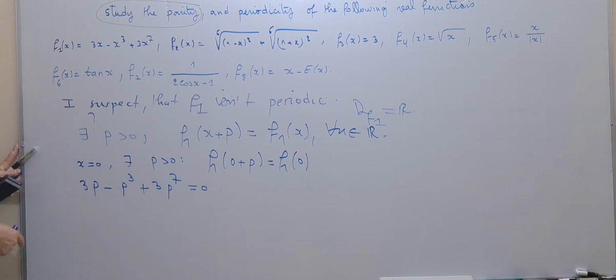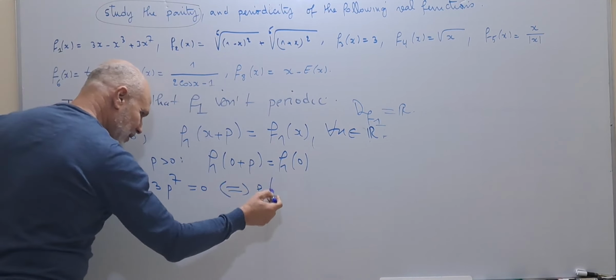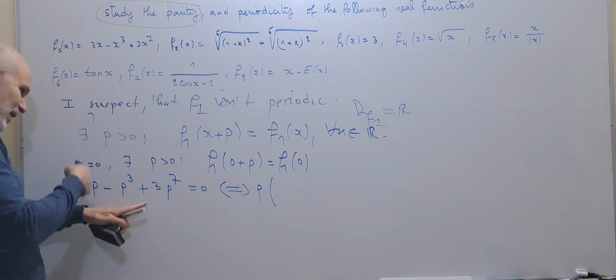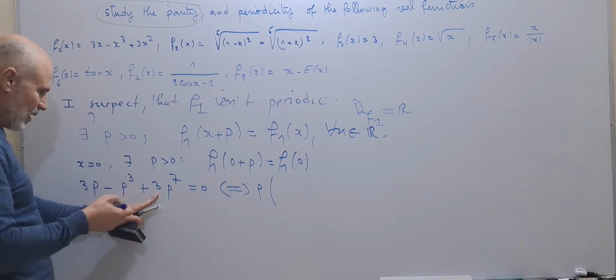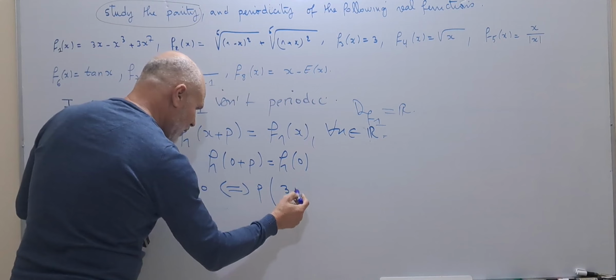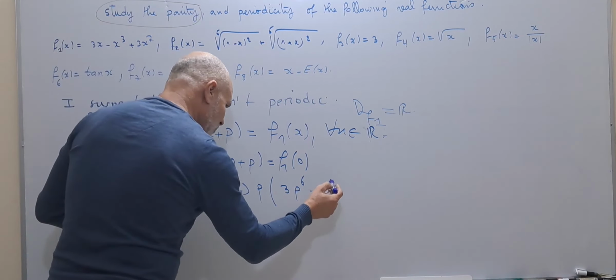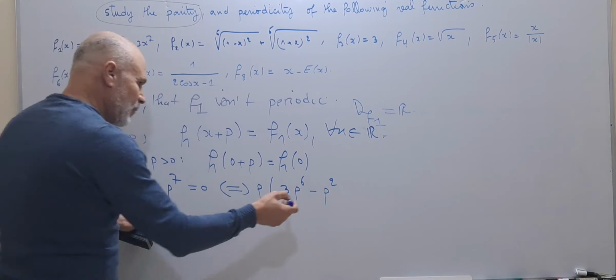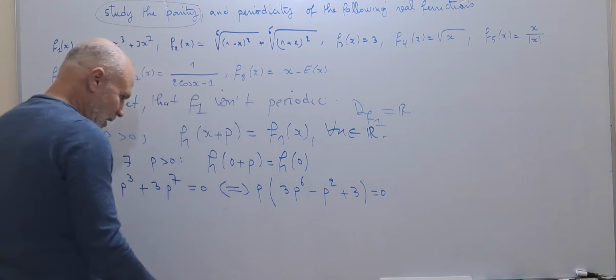This is equal to 0, which is equivalent to, we take P as a common factor, P times (3P power 6 minus P power 2 plus 3) equal to 0.